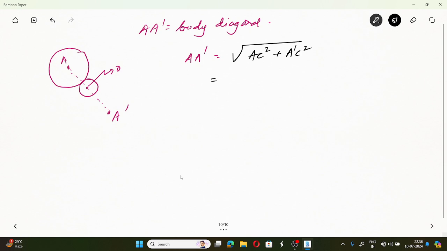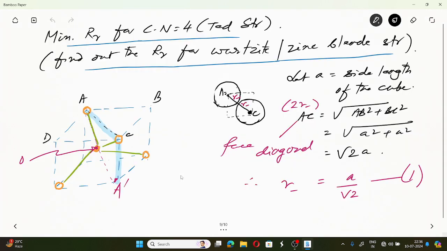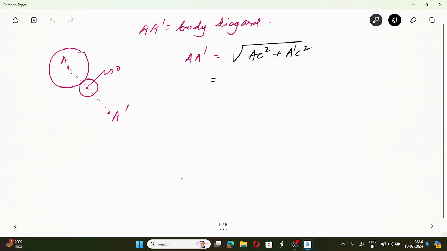Now what is AC? Root 2A. এটা বার করলাম আমরা. And A dashed C is the side length A. So we can say that this is root of twice A square plus A square. So this equals root 3A. This is the body diagonal.